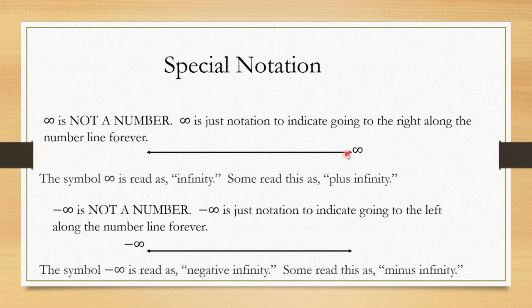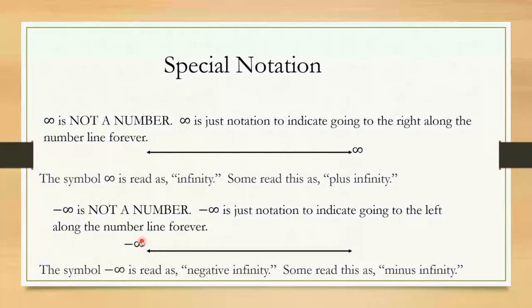Okay, that's good. What about the other side, so to say? We have this minus here. And again, this is just notation to keep on going to the left forever and ever. That's all we're saying here. You keep on going to the left forever and ever, in the negative direction, that is.